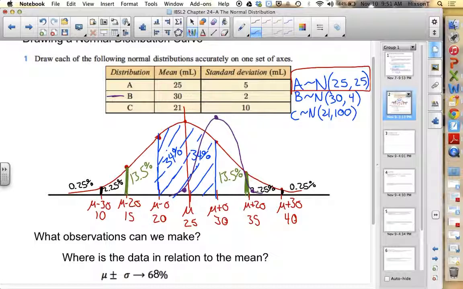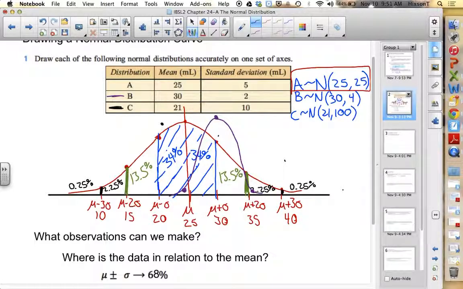Whereas, I run out of colors here, go back to black. With C, the mean is going to be at 21, but notice, with a standard deviation of 10, we're at 31 and then 41. We're not reaching our third standard deviation until way out here.